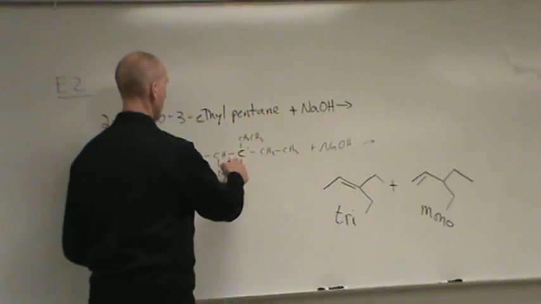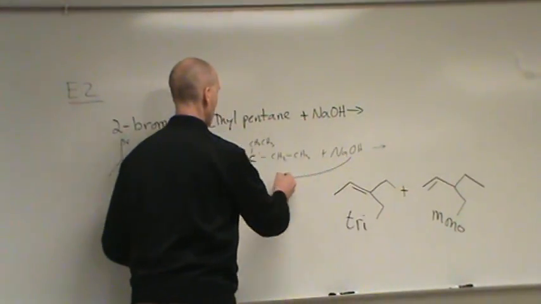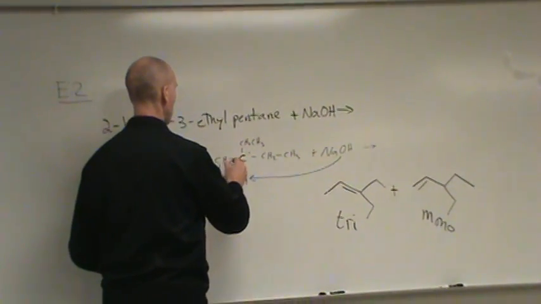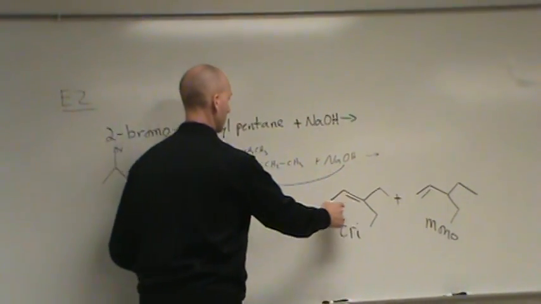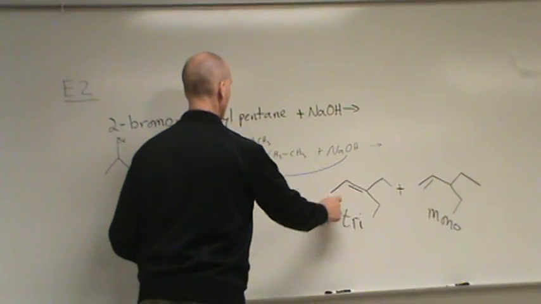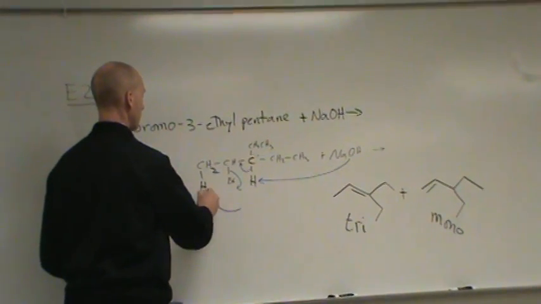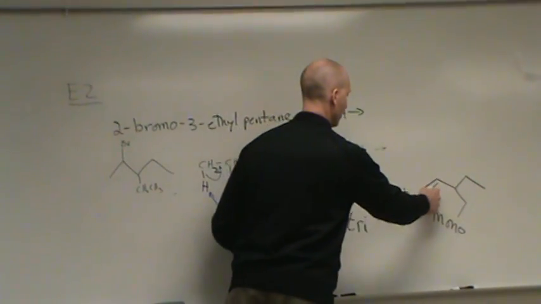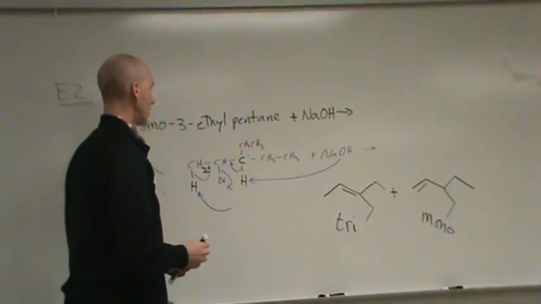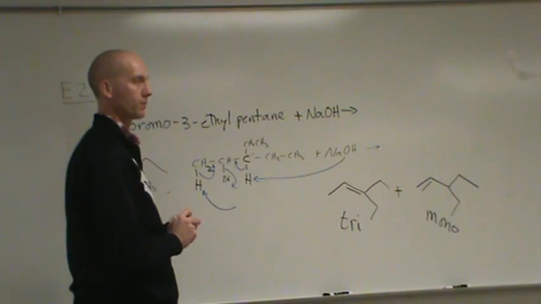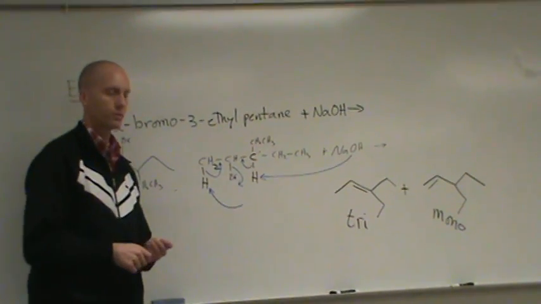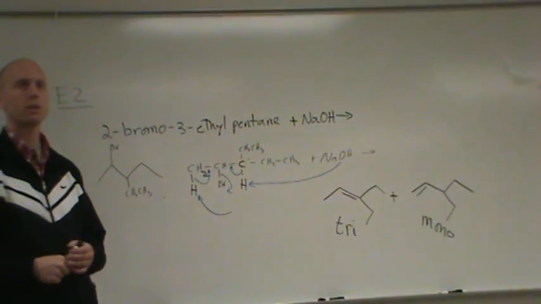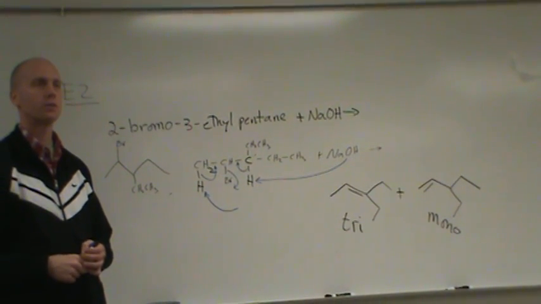If the OH attacks this one, double bond, kick off. If it attacks this one, double bond, kicks off. So beta hydrogens are going to be on the opposite sides of the leaving group. That's right. Any other questions on that?